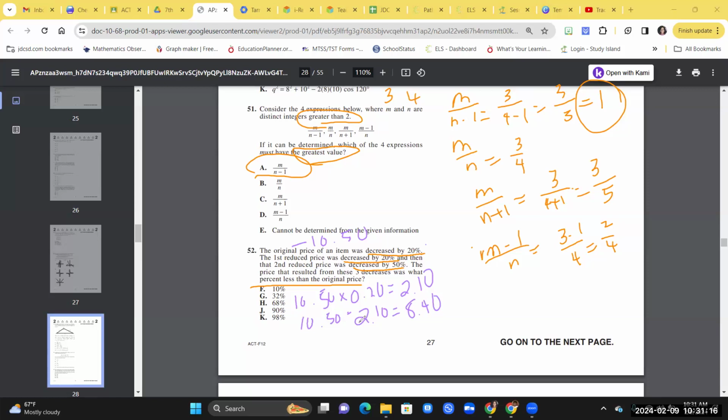And then say it was reduced again by 20%. 840 times 20% to get 1.68. Do the reduction, 6.72.